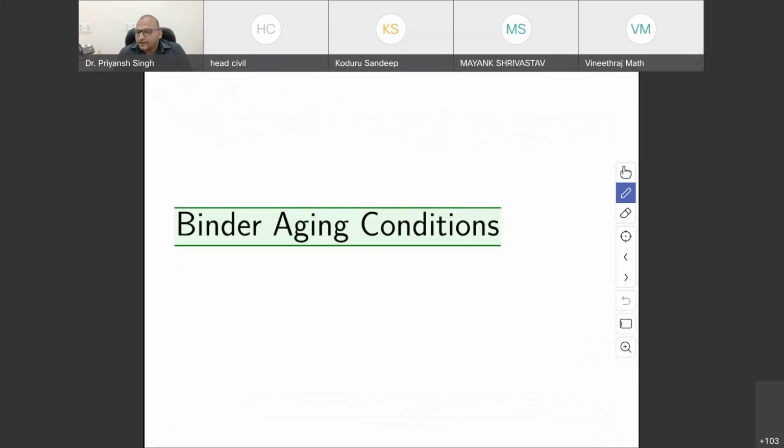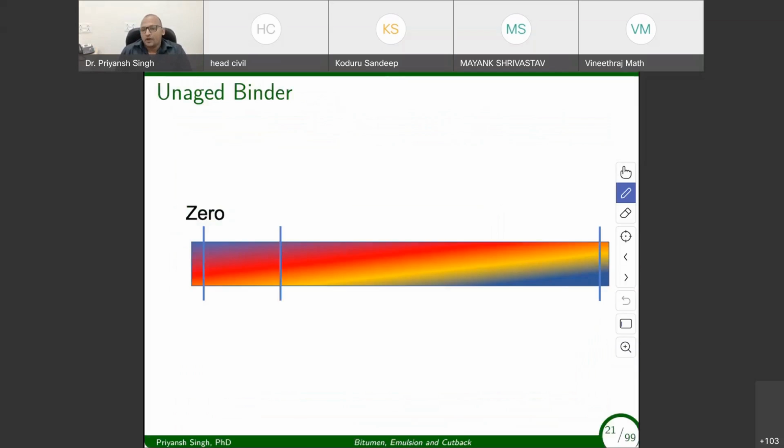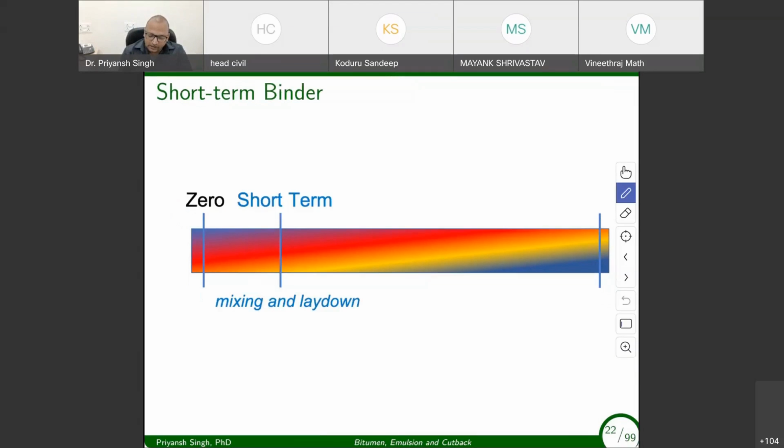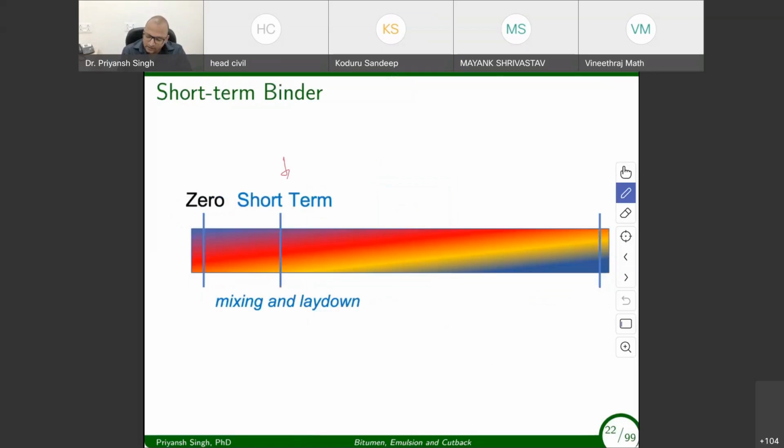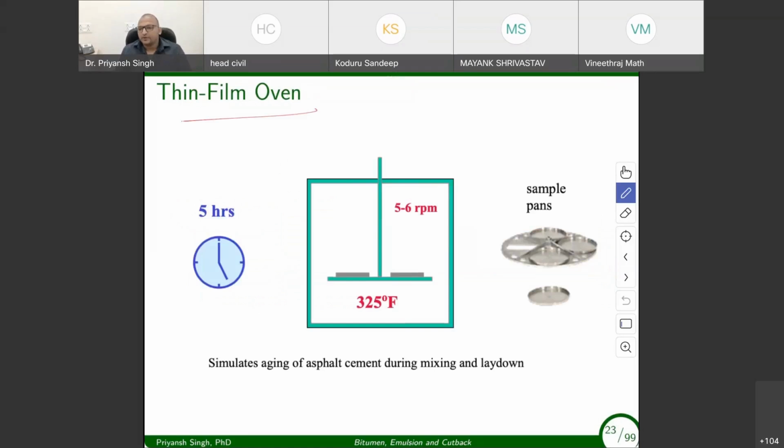Second thing, what different aging conditions can the binder go through. So first, when you have obtained your binder, that means no aging or zero aging condition. Second, short-term aged, that will be the condition when you have mixed or when you are compacting your mixture. And that short-term aging condition can be simulated by using equipment called thin film oven.